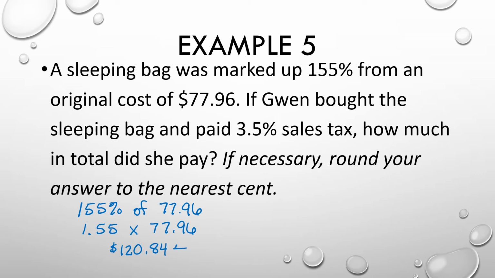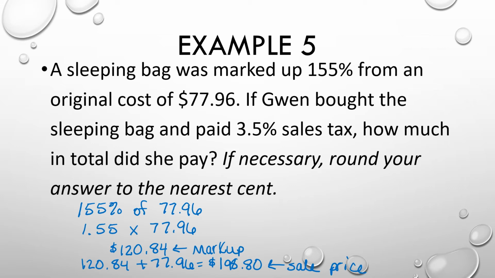So that is our markup. So that's how much the store is adding to the cost. So we have to take that markup amount of 120.84 and add that to the 77.96 to figure out what the store is going to sell the item for. So that is 198.80. Okay, so that is our sale price.